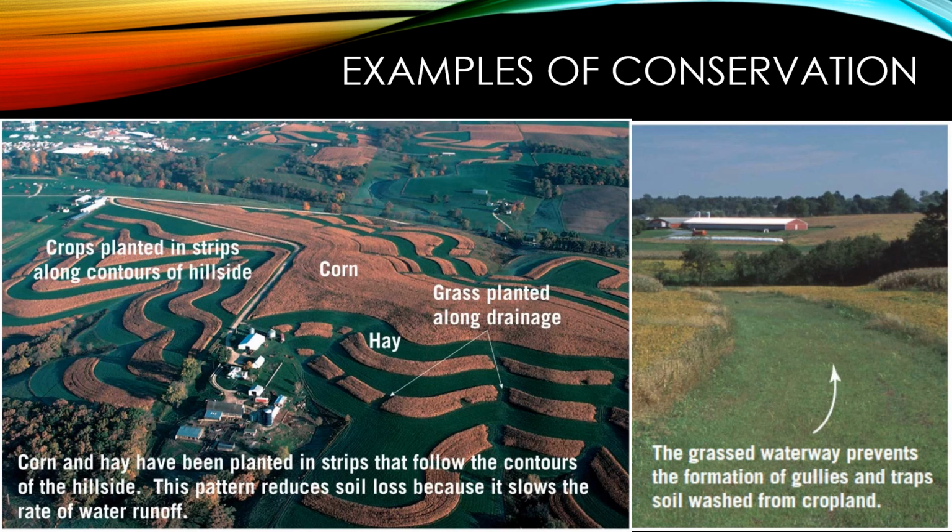And then on the right, you can see that even if you have a grass waterway that is parallel to the direction that irrigation water would be draining from a field, that grass still prevents the formation of gullies, and traps soil washed from the crops in the grass, maintaining it in the agricultural field and not allowing it to run off.